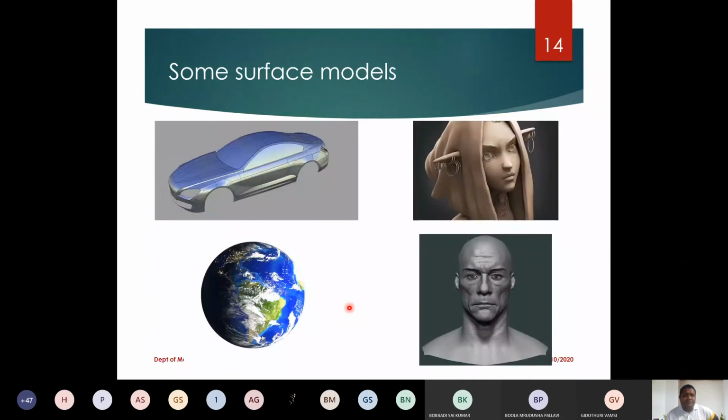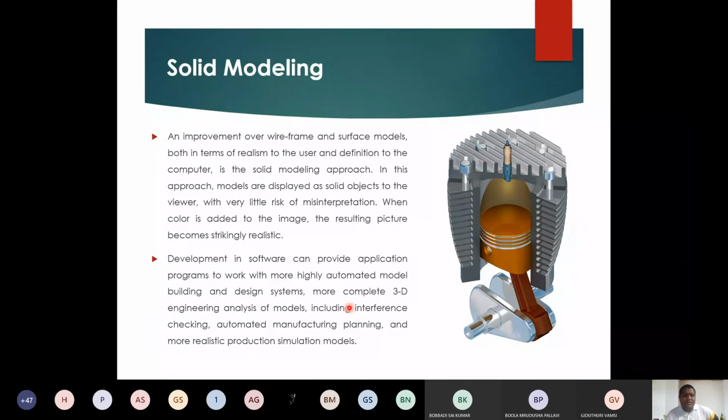Now coming to the solid model, nowadays people are creating solid models a lot. Why? Because solid models can really behave exactly like the real object. How can they behave like a real object?